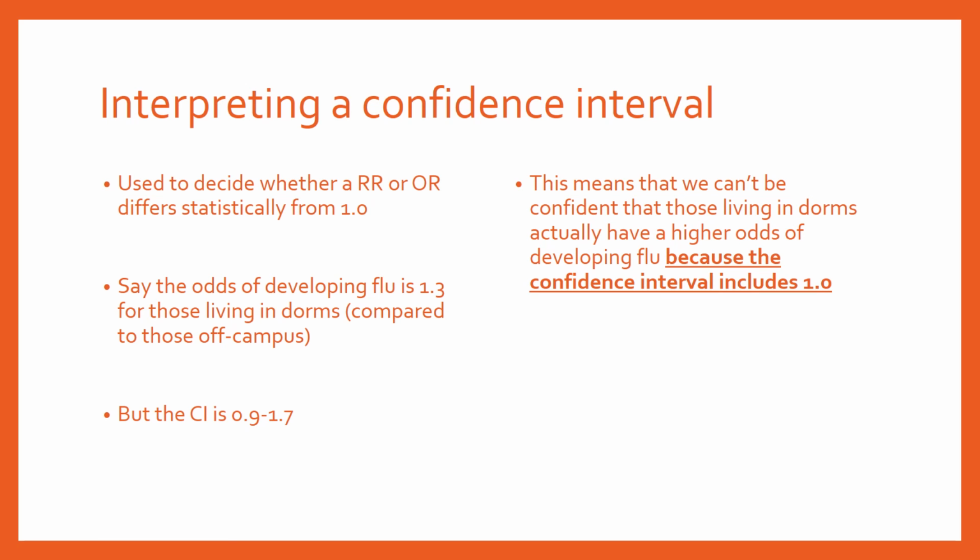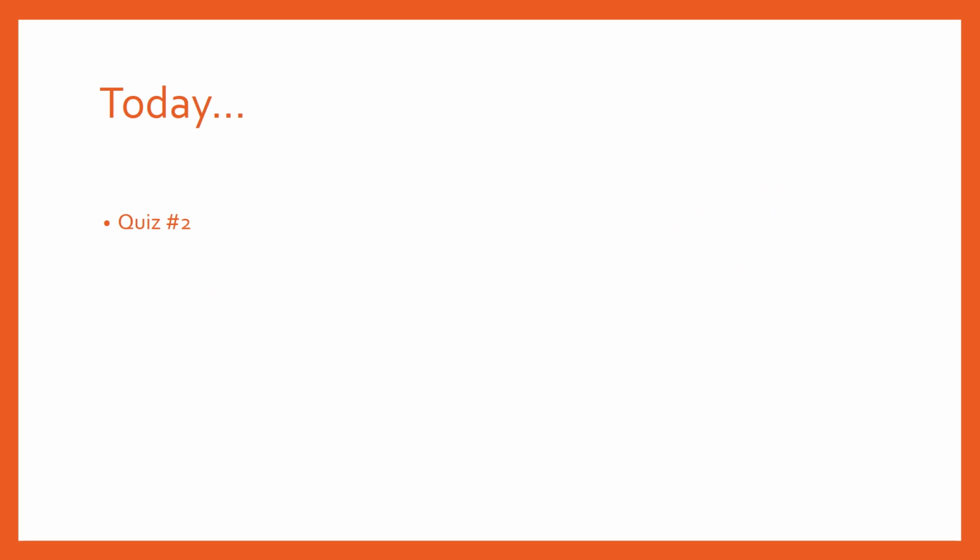But this confidence interval, 0.9 to 1.7, includes 1. That means that we cannot be confident that those living in the dorms actually truly have a higher odds of flu. So what you're looking for is, does the confidence interval include 1 or 0? If it does, you cannot be confident that your odds or your risk is really different from 1.